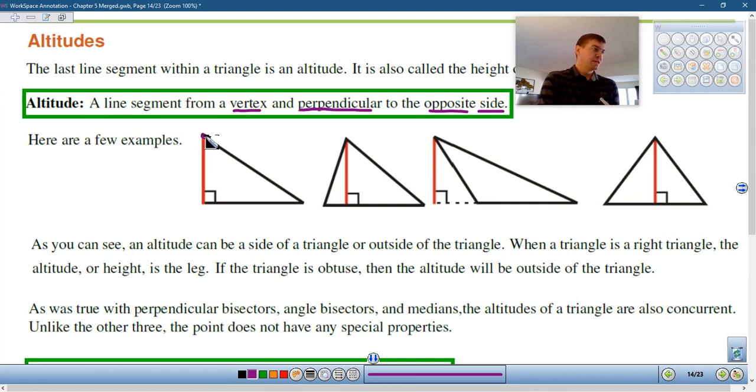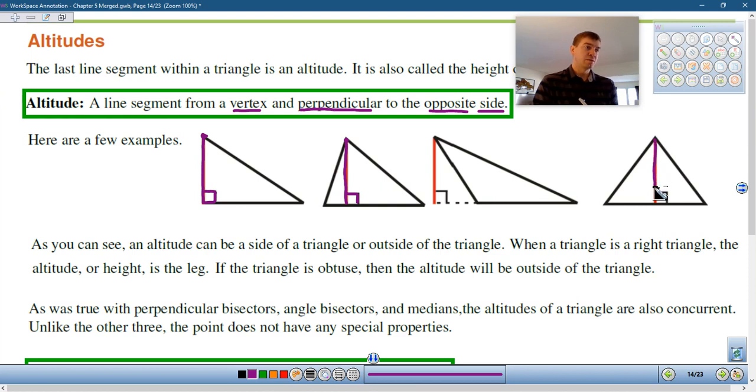Now, in this case, your altitude is actually just the side of the triangle. That will happen with a right triangle. This altitude, you can see, is not in the center of that side or anything.